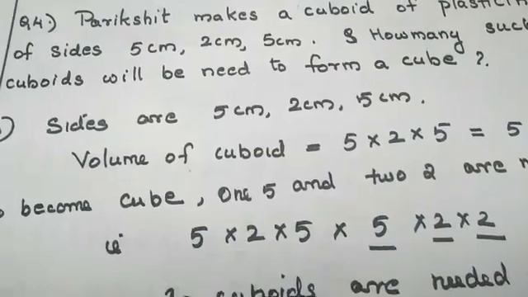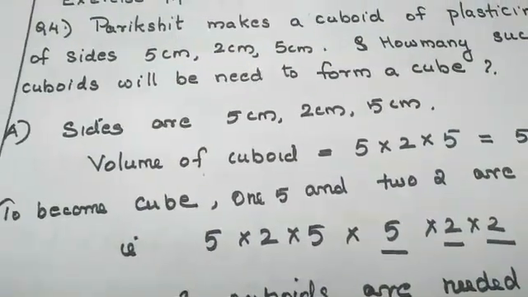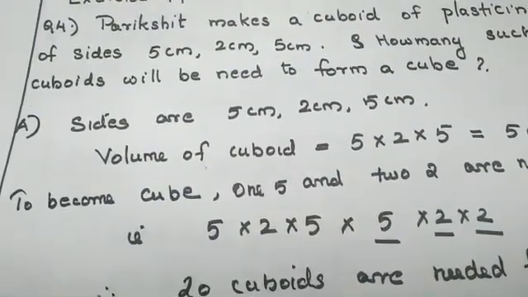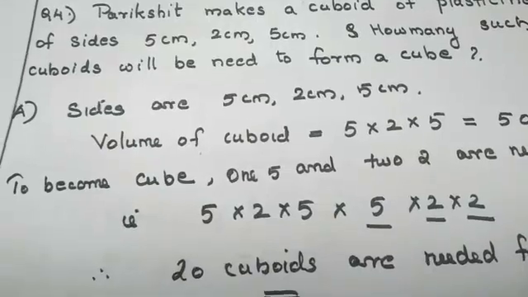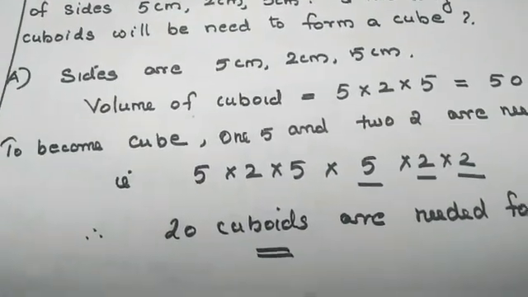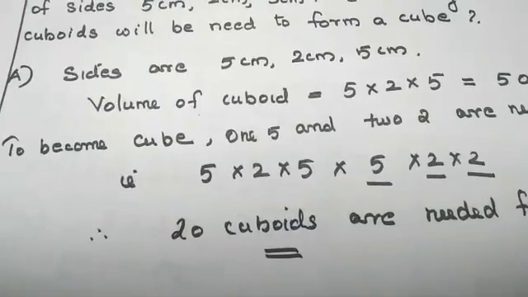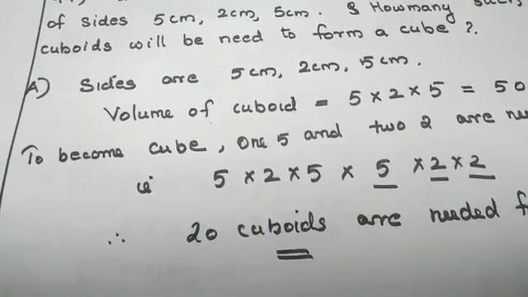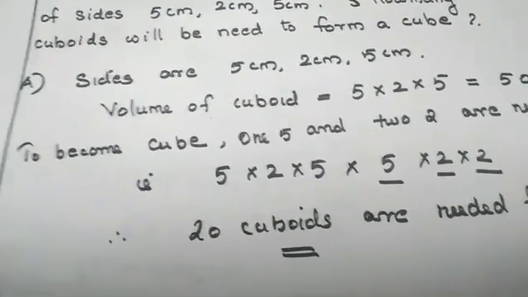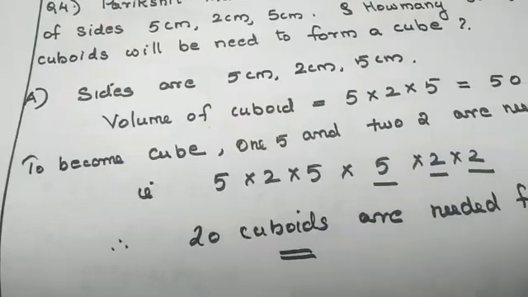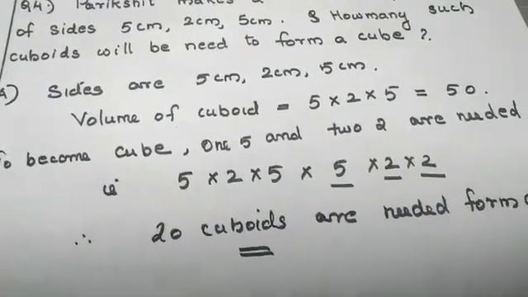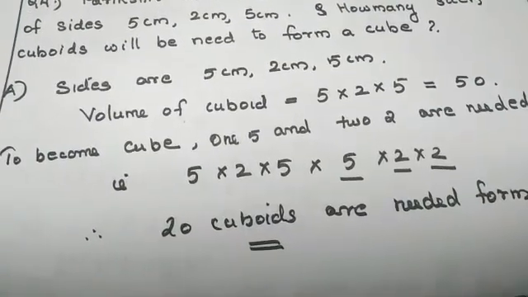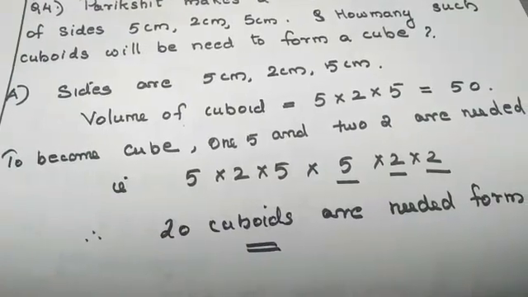That means all the sides should be equal in the case of a cube. So here sides are 5 cm, 2 cm, 5 cm. Here in the question, we can apply the method of making a perfect cube. How will we make this cuboid a cube? By making the sides equal. Here 5 cm sides 2 times and 2 cm sides 1 time.